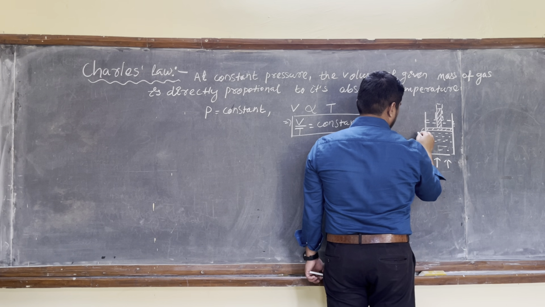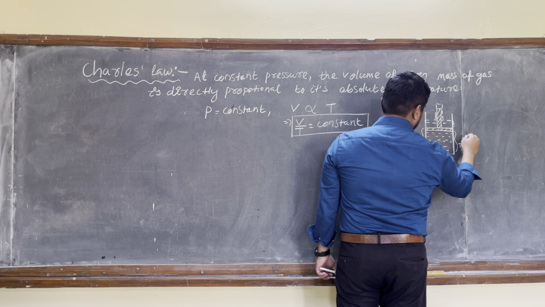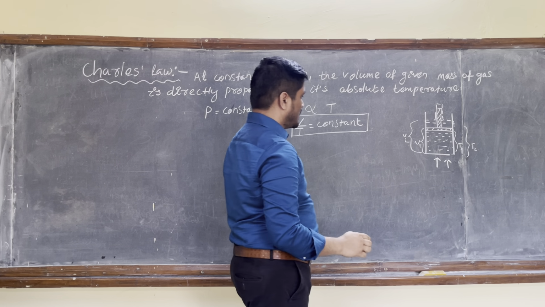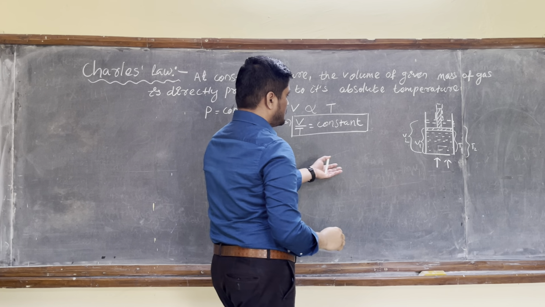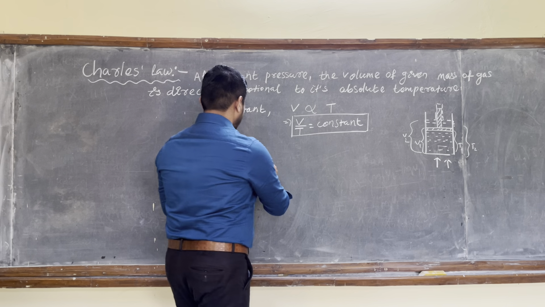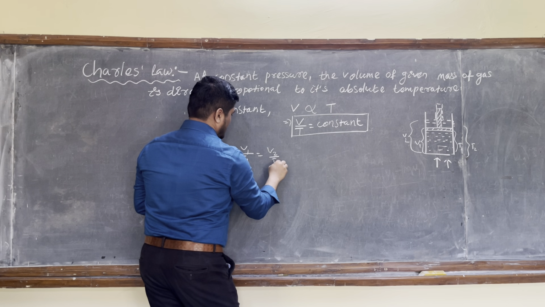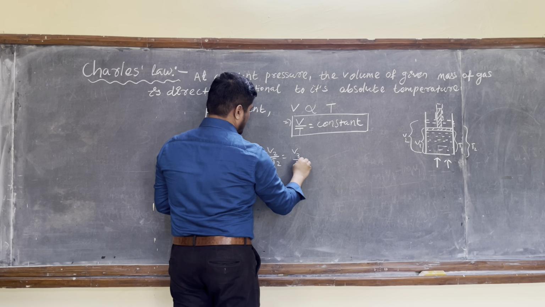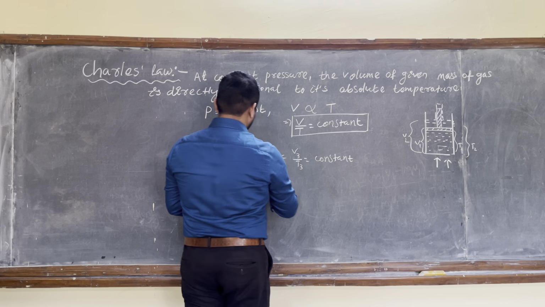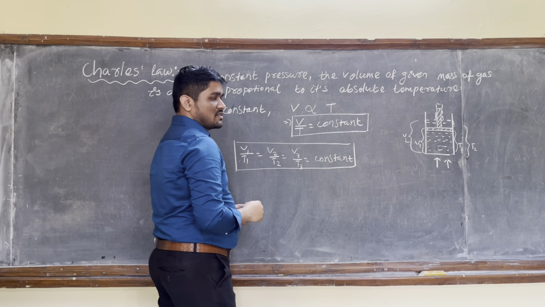The volume V1 changes to V2, and the temperature T1 changes to T2. If you measure at various stages, you can write V1 divided by T1 equals V2 divided by T2 equals V3 by T3, which is constant. Always the ratio will be constant.